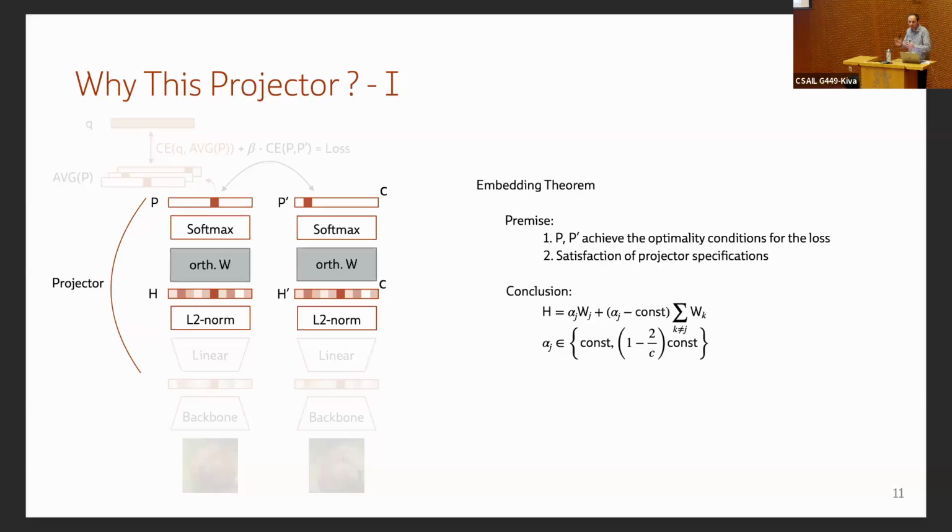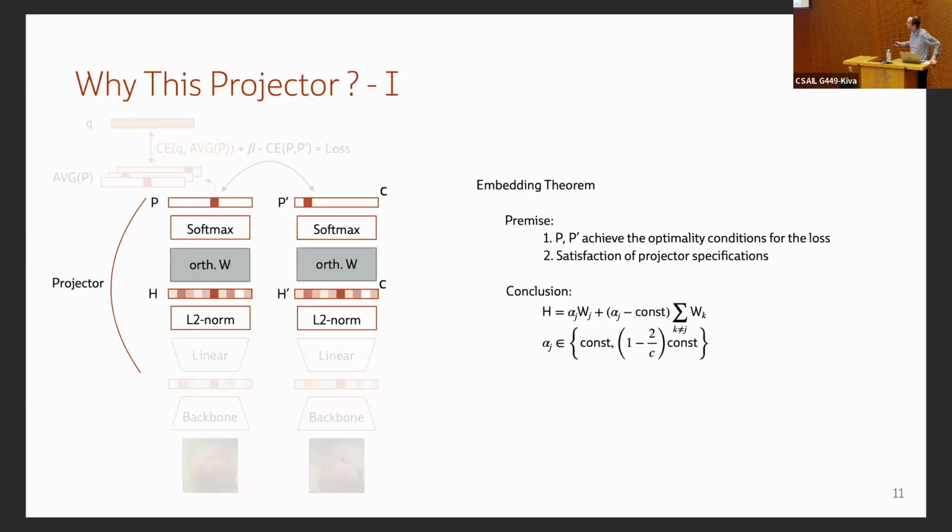Any vector can be expressed as a linear combination of a basis, so you can express H as a linear combination of the columns of W. But what this theorem tells you in addition is that the coefficients multiplying the different vectors are constrained. So for one input, you get one embedding, only one code has this particular coefficient alpha j, and all the other codes in the matrix have the same coefficient.